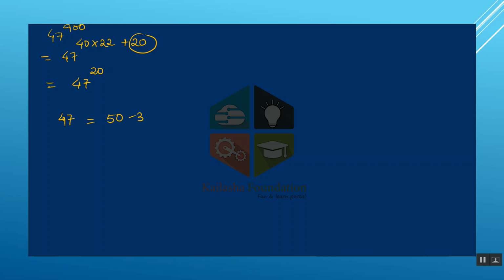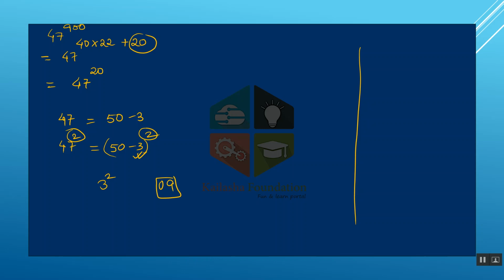So we prepare an even power table here. 47 square is basically (50 minus 3) square. I told you, in case of even powers, this works. So 47 square will have the last two digits same as 3 square. 3 square is 9, that means 09. So the last two digits of 47 square will also be 09.